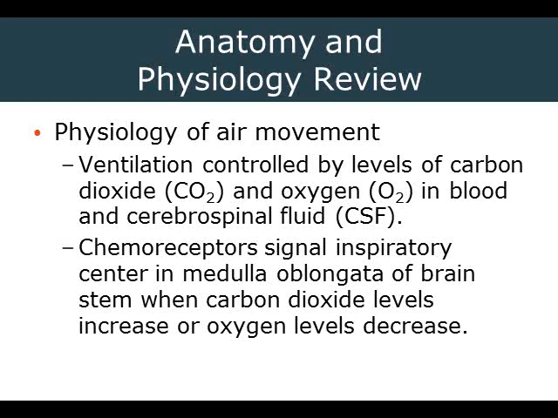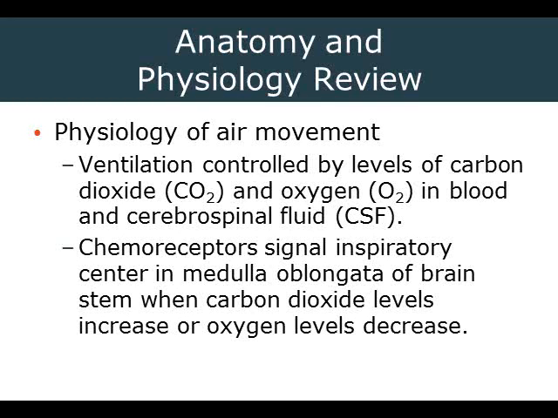There are chemoreceptors and baroreceptors, chemo for chemicals, baro for pressure, found in several places around the head and neck that sense the levels of CO2 and O2 in both the blood and the cerebrospinal fluid. Those chemoreceptors signal the inspiratory center of the medulla oblongata in the brain stem. Remember that, because we'll be touching on it in the anatomy and physiology chapter.